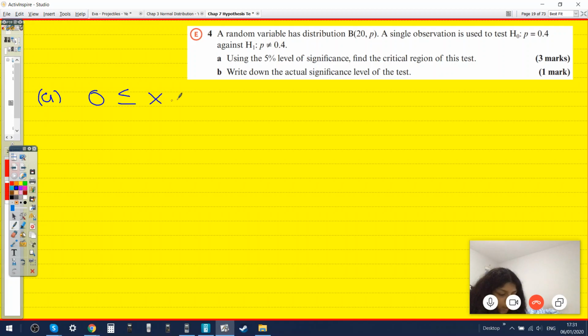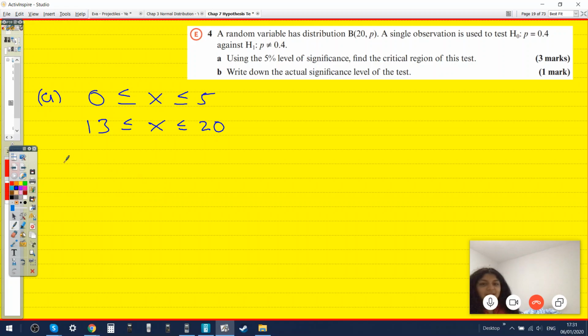I'm just going to write it as x is between 0 and 5, and then x is greater than or equal to 13. Hold on, I don't believe this is two-tailed. It is, sorry. Then the other part is x greater than or equal to 13, so that will be between 13 and 20.